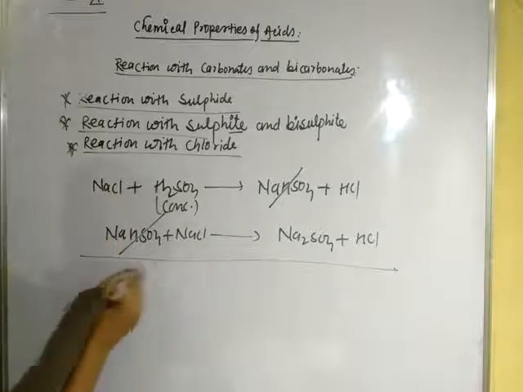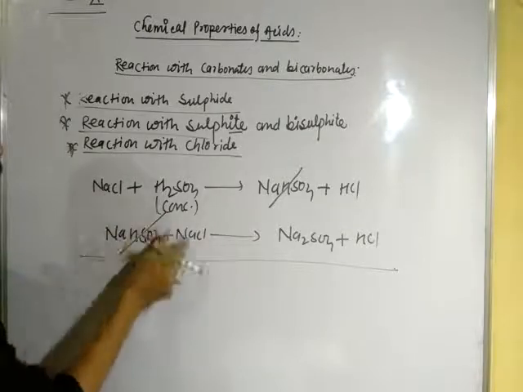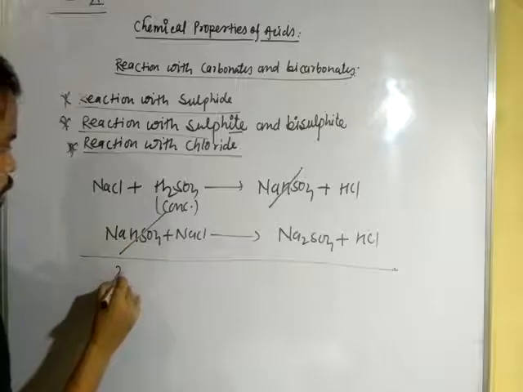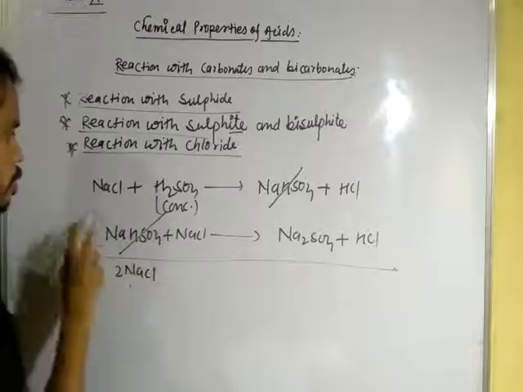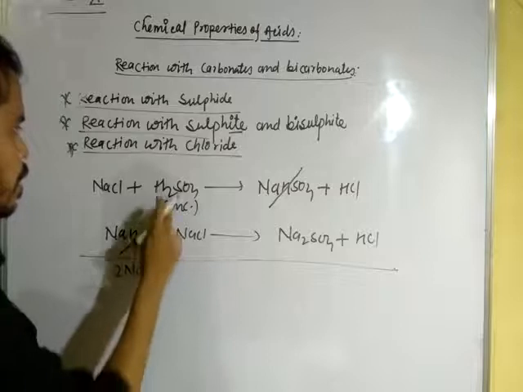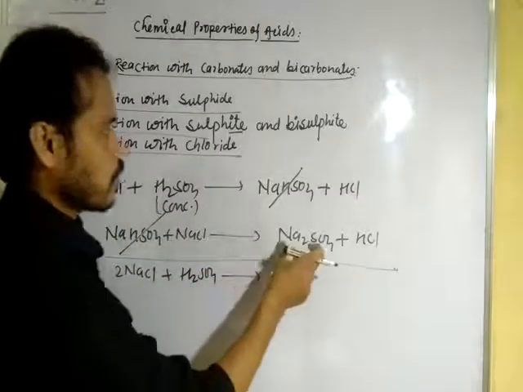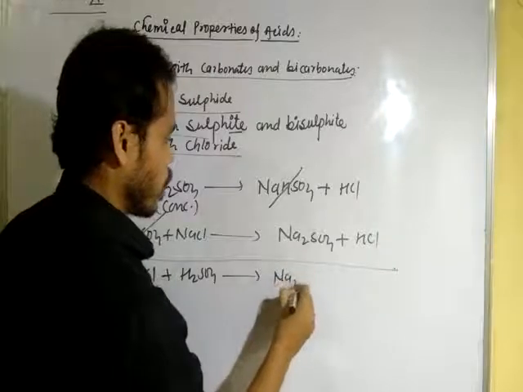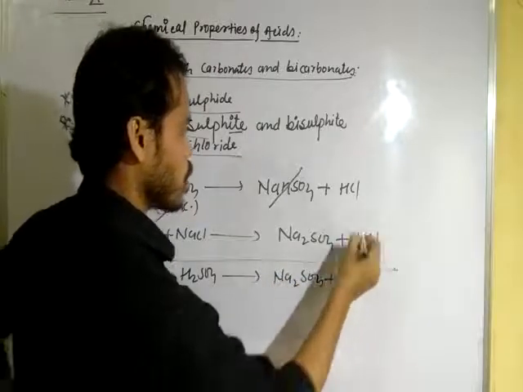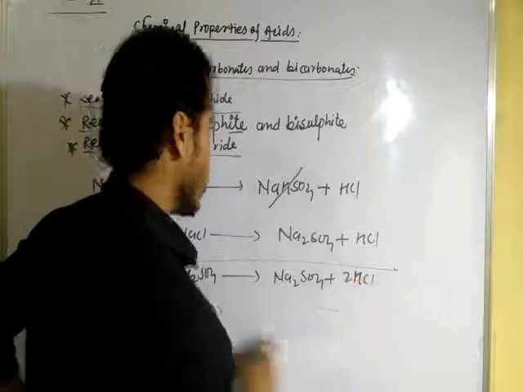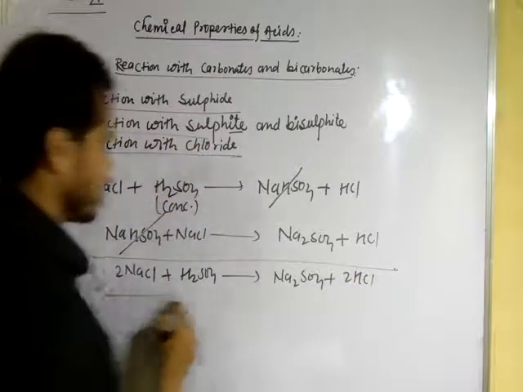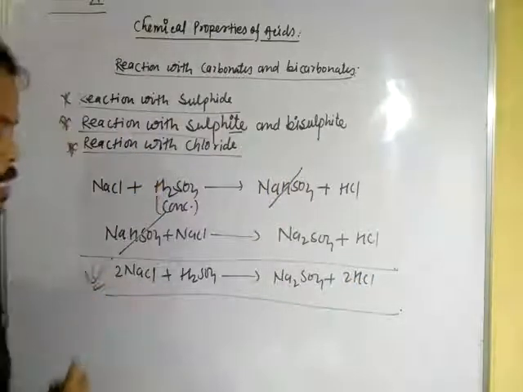Now the complete reaction is 2 NaCl plus H2SO4 gives Na2SO4 plus 2 HCl. This is the balanced reaction. Very simple and balanced.